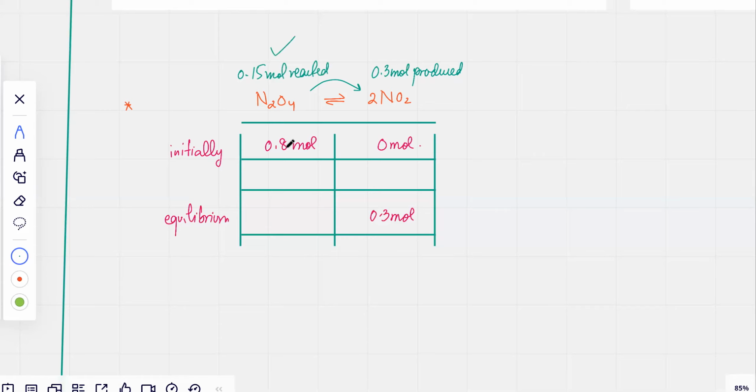So out of the 0.8 that you initially added, 0.15 must have reacted. 0.15 are gone. So out of the 0.8, 0.15 are gone. What are you left with? You're left with 0.65 moles at equilibrium. Is this clear?